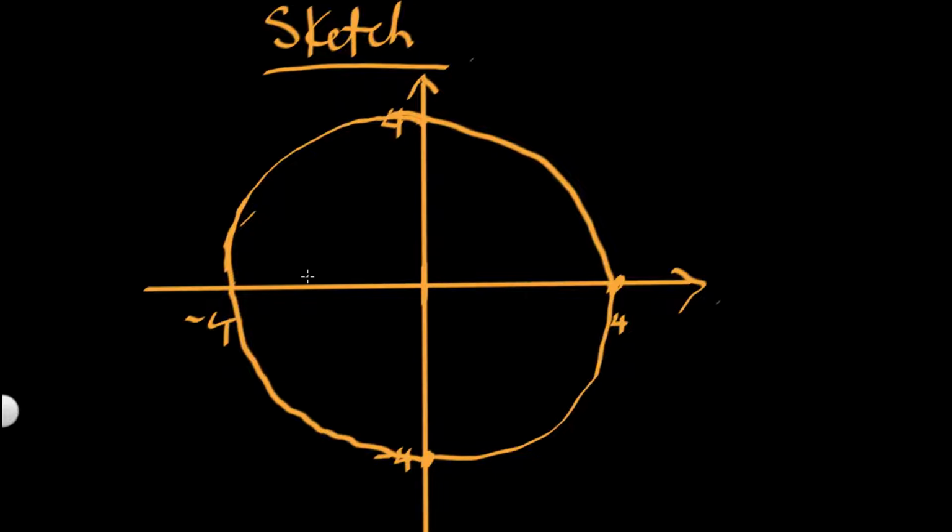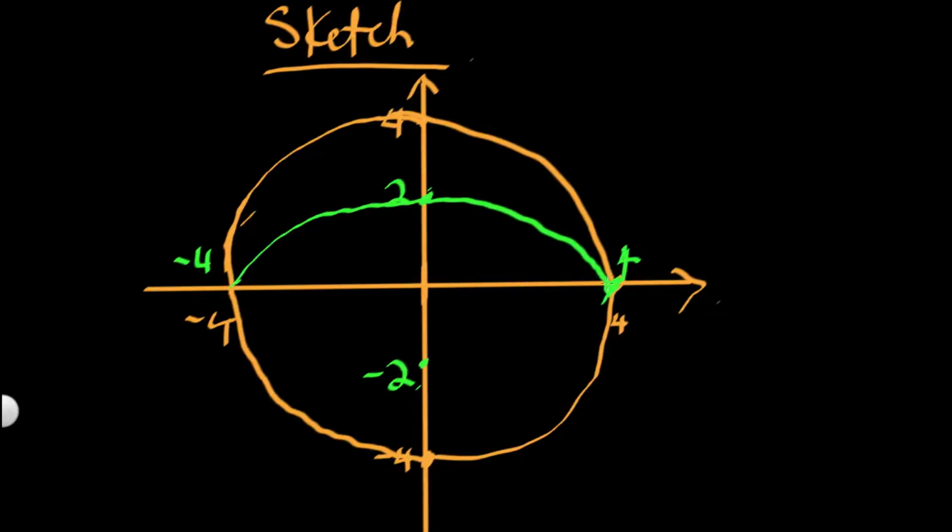So our ellipse, on the major axis, is coming to positive 4 for x and negative 4. But on the minor axis, it's coming here in the middle, where we have a 2 and a minus 2. So this can be the sketch of my ellipse.